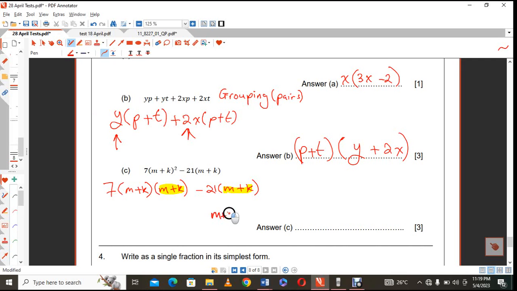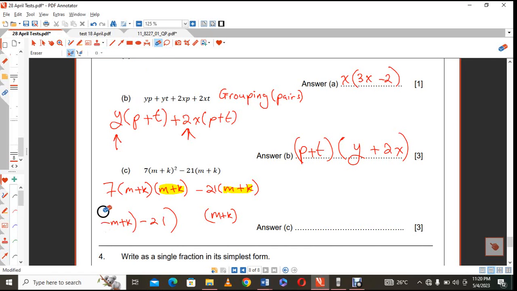in its own bracket, and then I have got the 7m plus k here, and everything outside the bracket also in its own bracket. Now, the fact that I have opened two brackets, I hope you can see that. Just make it nicely, just the way that I wrote my brackets there.